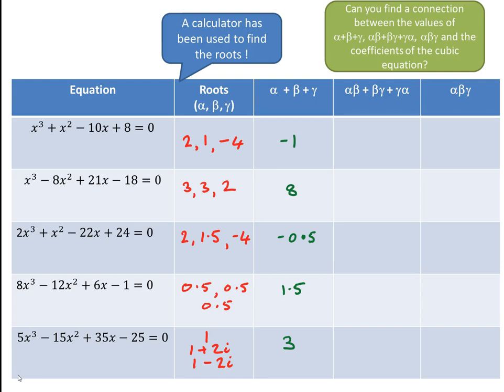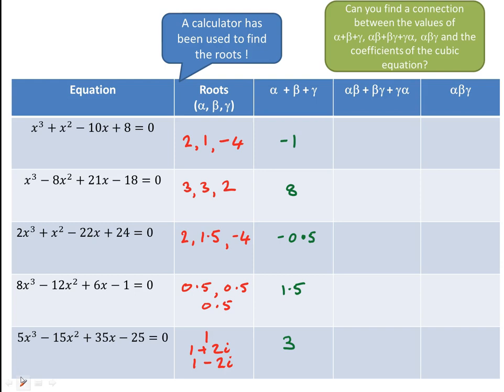Now, can you see any connection between the values of alpha + beta + gamma and the coefficients of the original equations? In the first equation, we can see that the coefficient of x³ is 1 and the coefficient of x² is also 1. Alpha + beta + gamma is -1.